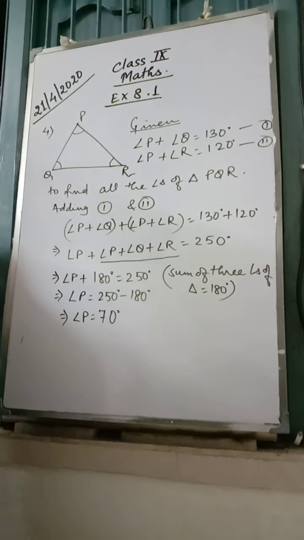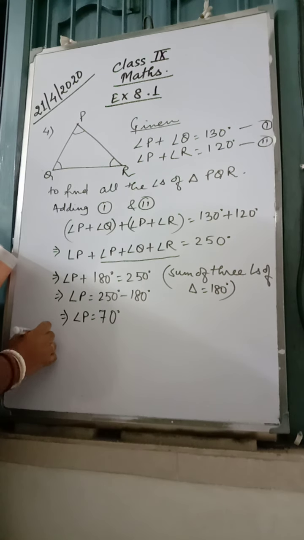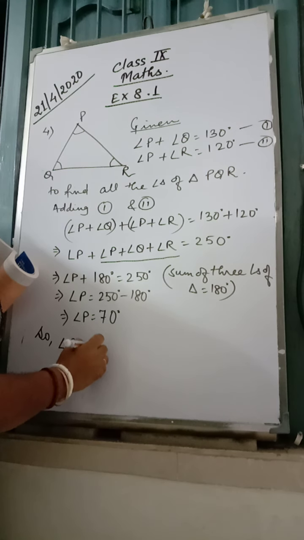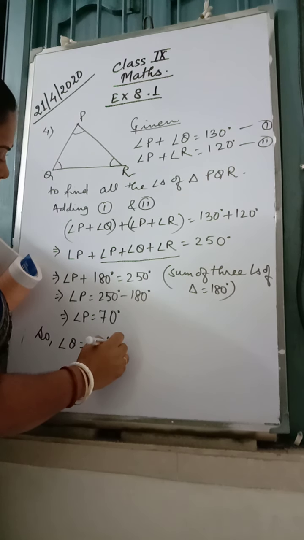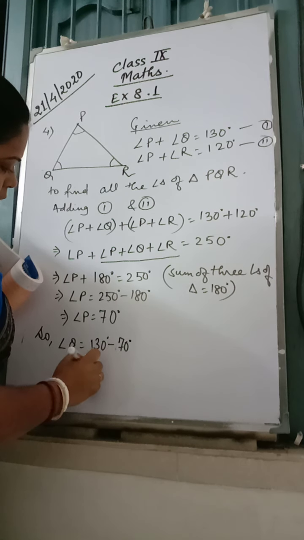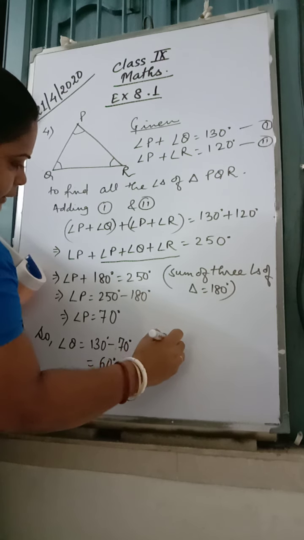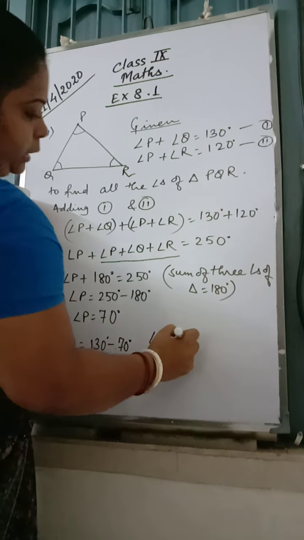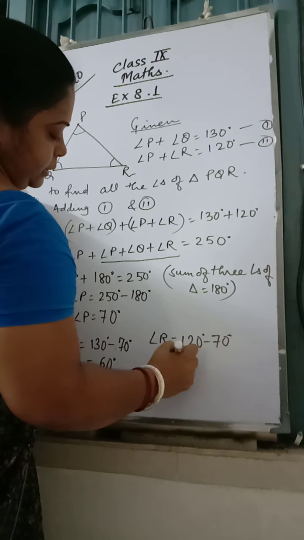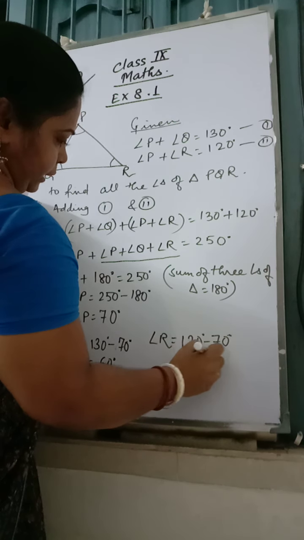Now we got angle P. So angle Q is equal to 130 degree minus 70 degree, which is 60 degree. Angle R is equal to 120 degree minus 70 degree, or we get 50 degree.